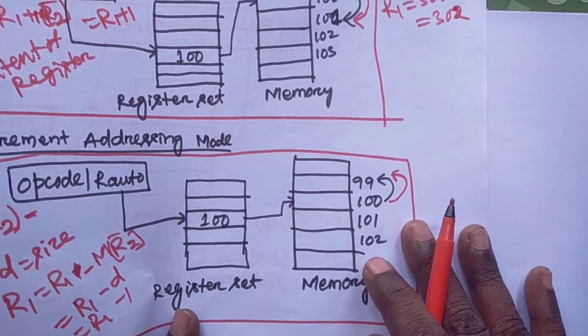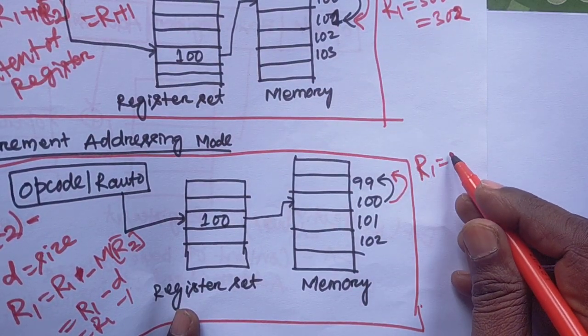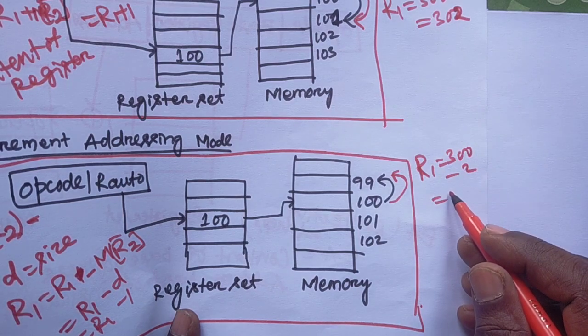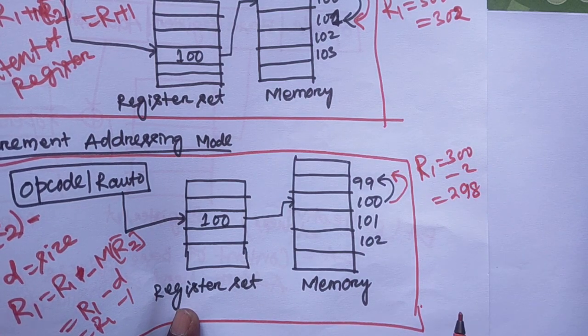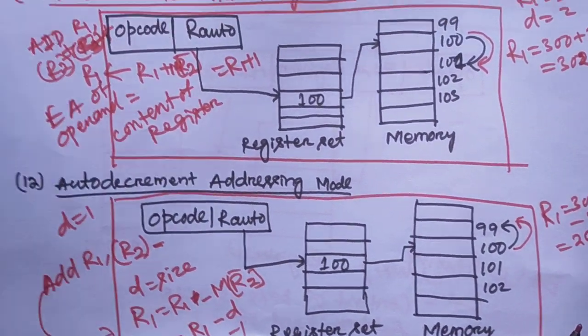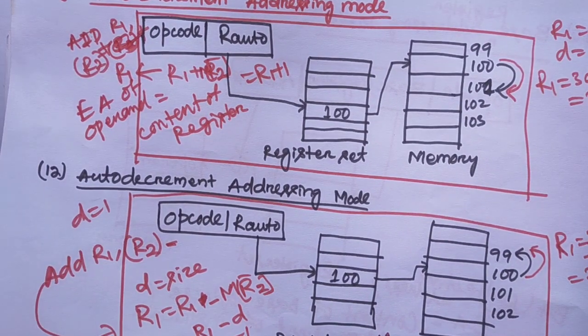Similarly, R1 equals 300 minus 2, that is 298. In this way we can define auto increment or auto decrement. So the whole addressing mode can be defined in this manner.